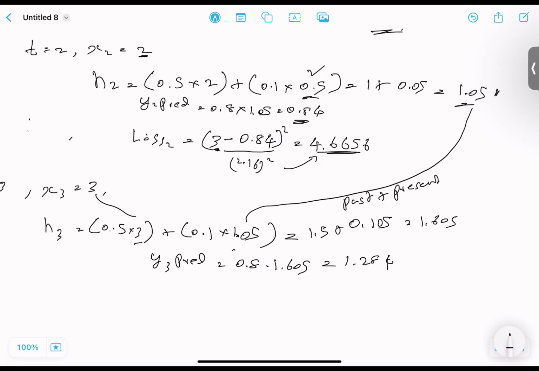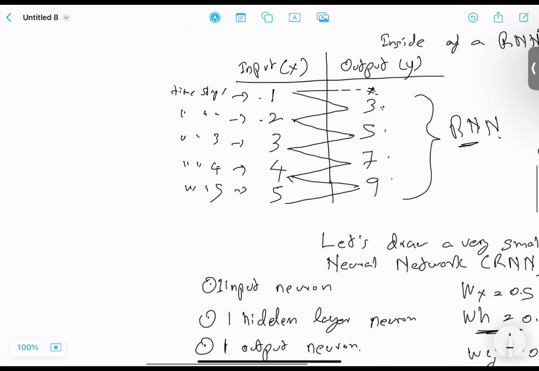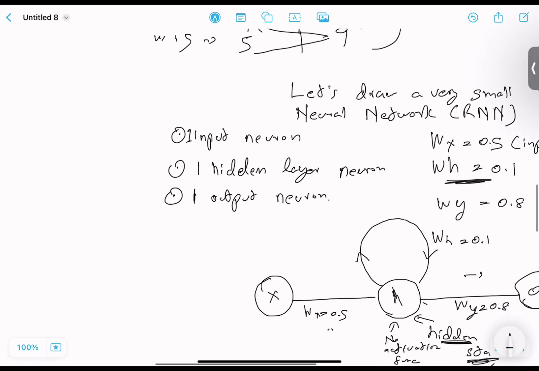And let's calculate the loss in here as well. At time step 3, the output is 5, right?